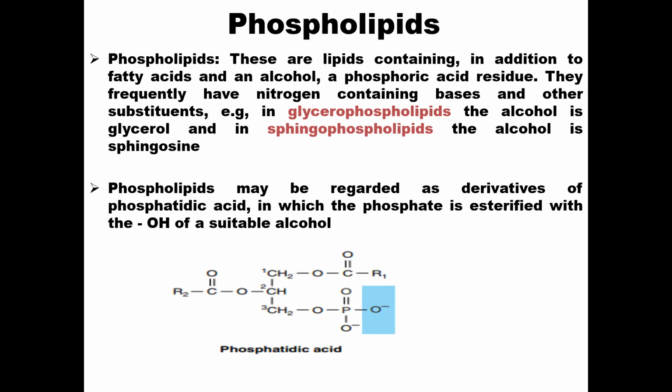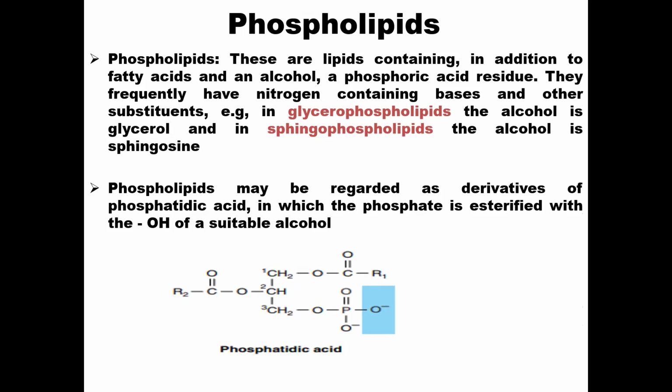This whole structure is called phosphatidic acid. This is the backbone structure from which all other phospholipids are derived. Phospholipids are derivatives of phosphatidic acid.